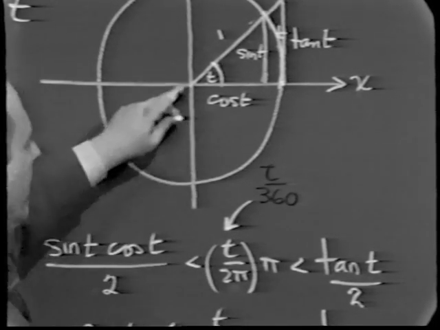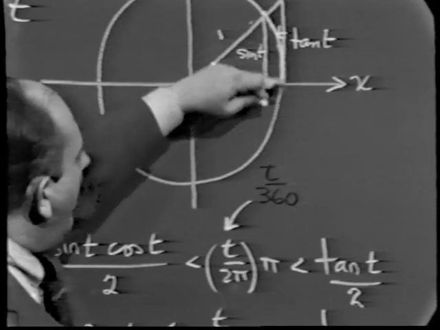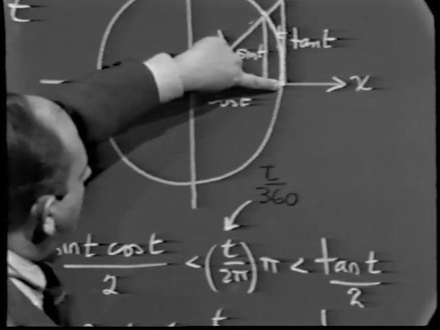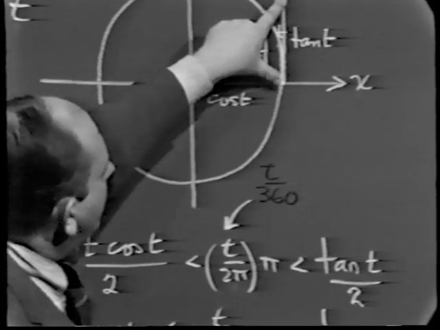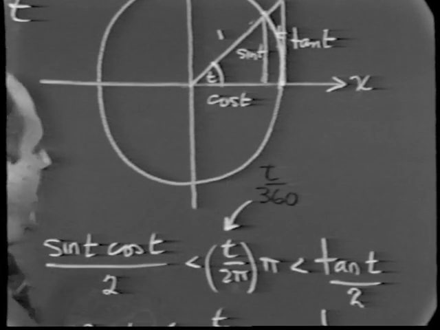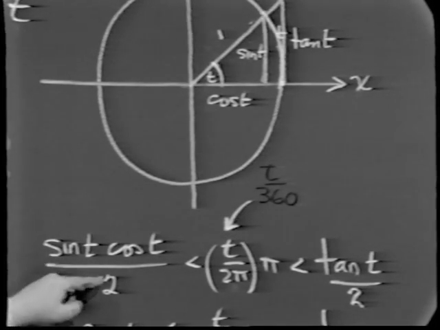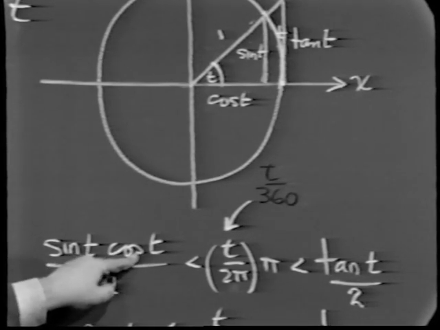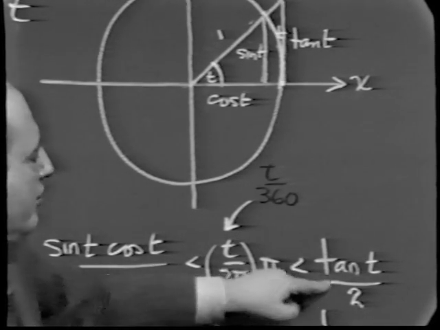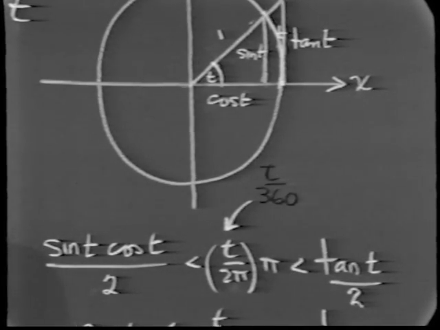And finally, the bigger triangle, which includes the wedge, has as its base 1, so that's the radius, and since the tangent is side opposite over side adjacent, this length is tangent t, and so what we have is what? That sine t cosine t over 2 must be less than this, which in turn must be less than this.